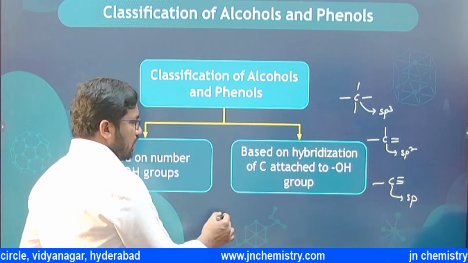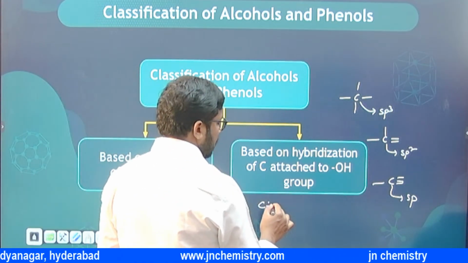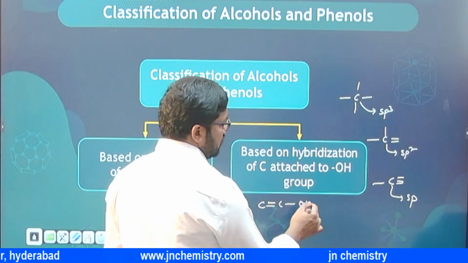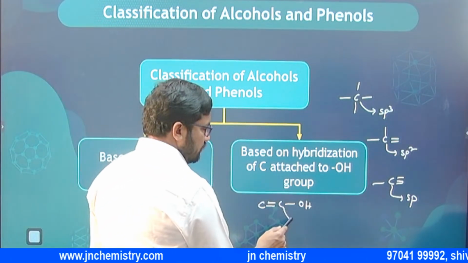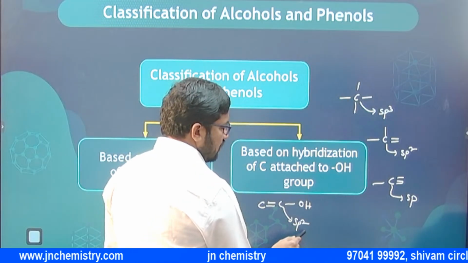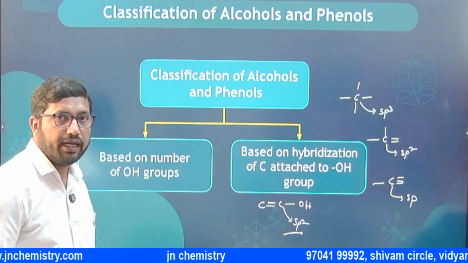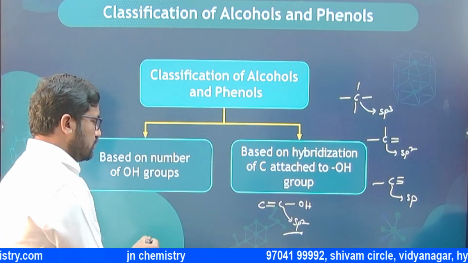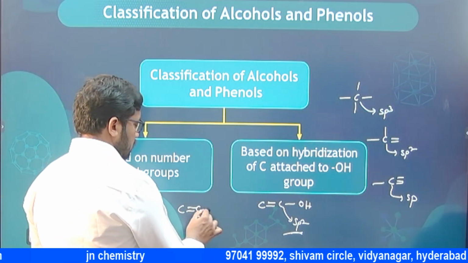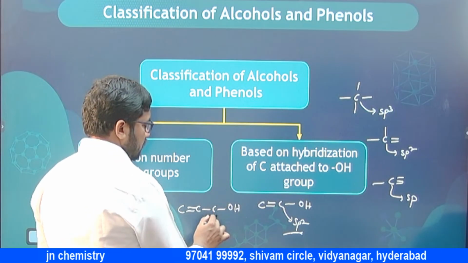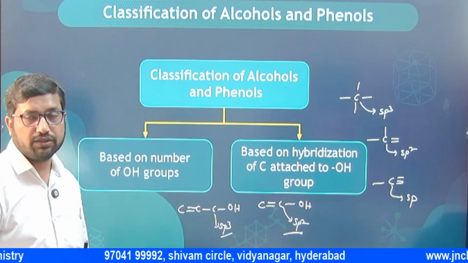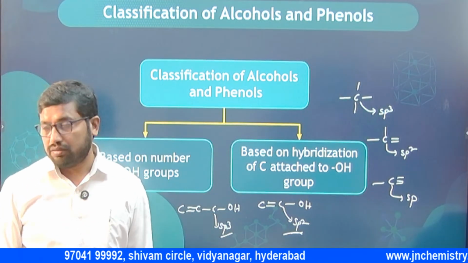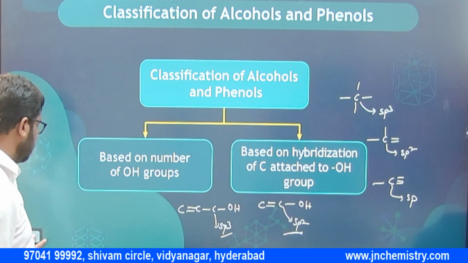Like vinyl alcohol, which I just discussed, is an alcohol where the OH is directly attached to an sp2 hybridized carbon. In allylic alcohol, the OH group is attached to an sp3 hybridized carbon. Okay, so this is just a brief introduction.